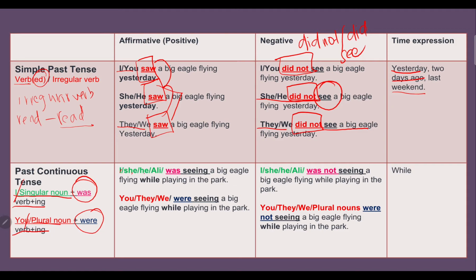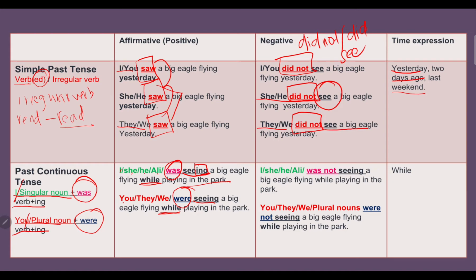Let's take a look at the affirmative sentence. I, she, he, and Ali was seeing a big eagle flying while playing in the park. As you can see here, we add on ing for the action verb. You, they, we were seeing a big eagle flying while playing in the park.